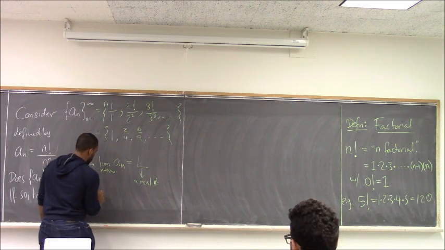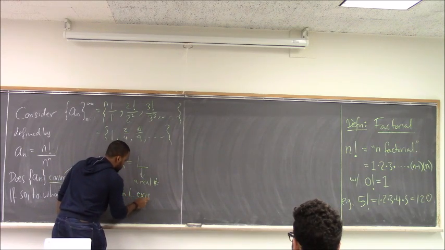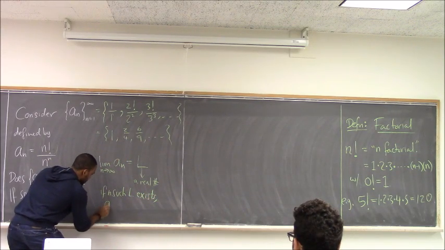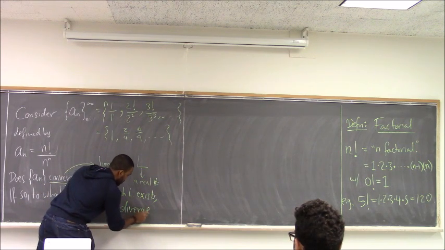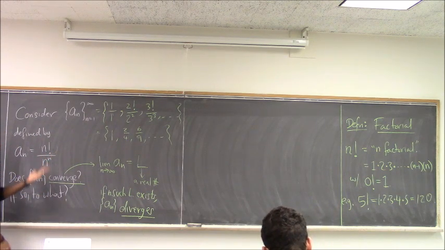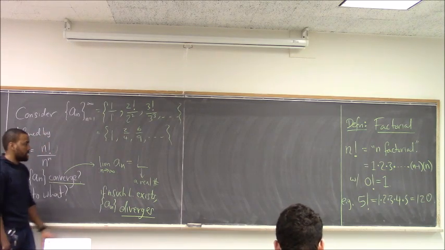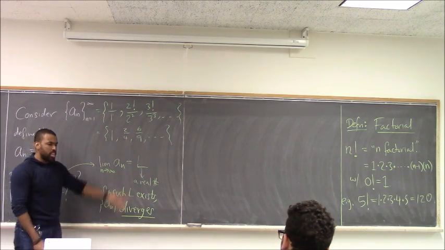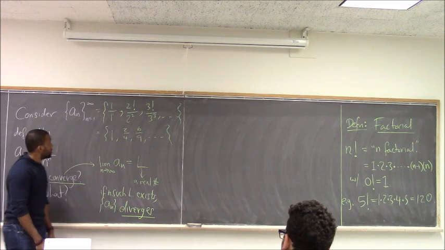And if no such L exists, we say a_n diverges. So to say something converges means I take the limit as n approaches infinity and I get some meaningful answer, meaningful in the sense that it's a real number. If I get infinity or a DNE or something bouncing up and down, then I say it diverges.